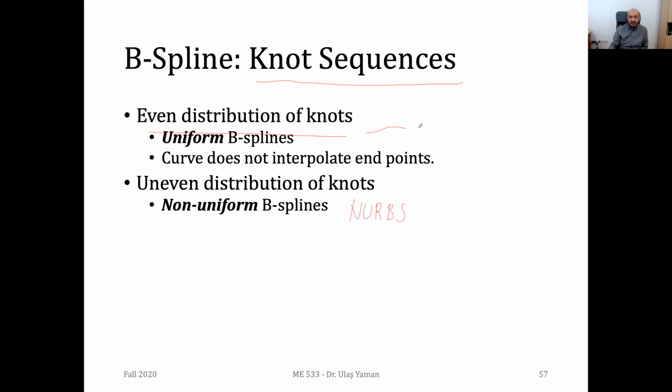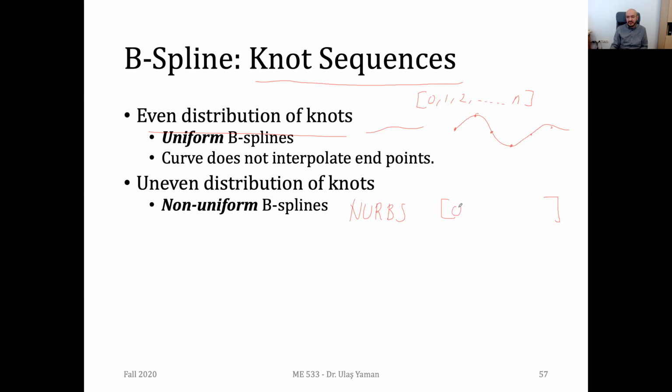So in the uniform case, you always have knot points, and they're always uniformly distributed, and you have just one of each in the sequence. Let's say this is a knot sequence, and these are knot numbers, you'll just have such values. But in the NURBS case, we will see that in the knot sequence we will sometimes have repetitions.